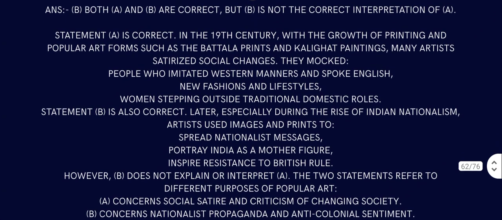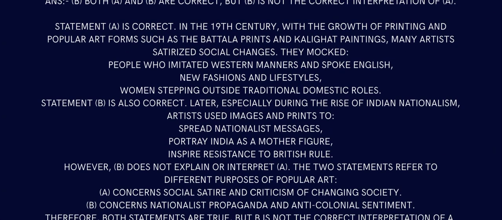Statement A is correct because in the 19th century, with the growth of printing and popular art forms such as the Batala prints and the Kalighat paintings, many artists satirized social changes.